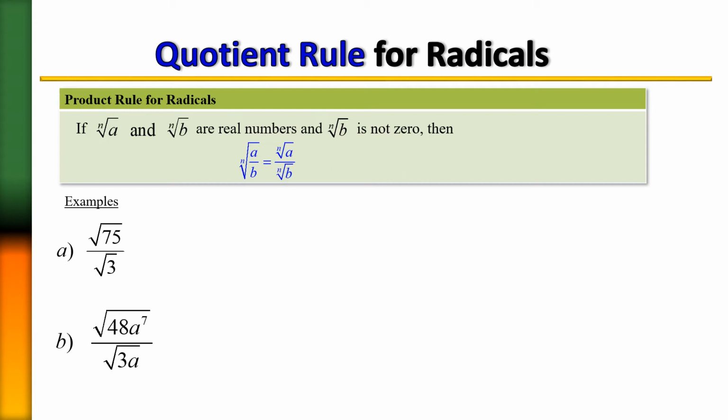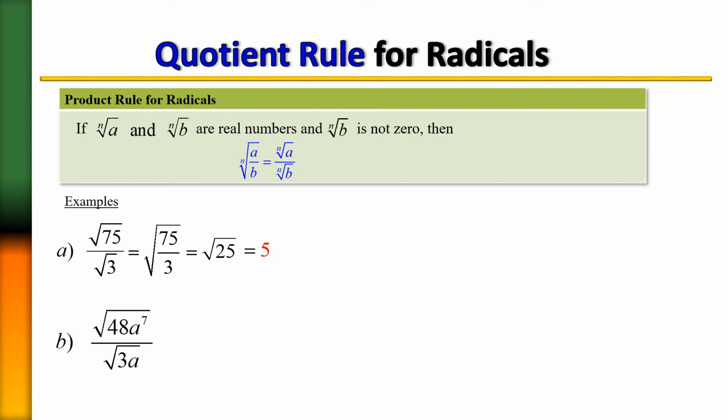So 75 divided by 3 is equal to 25, but it's going to remain under the radical symbol. We still have the radical symbol there. So 75 divided by 3 is going to give me the square root of 25. And now we can go ahead and solve it. The square root of 25 is 5.